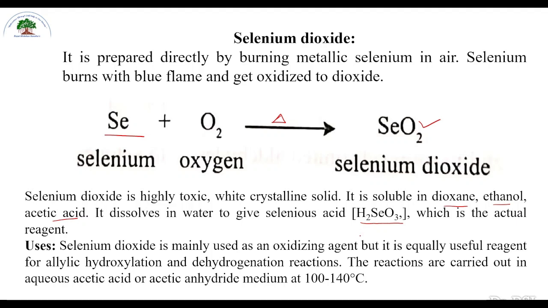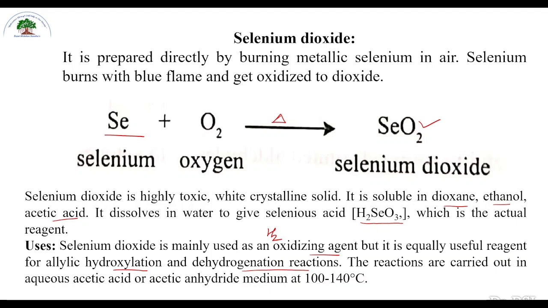Selenium dioxide is mainly used as an oxidizing agent, but it is equally useful reagent for allylic hydroxylation and dehydrogenation reactions. Dehydrogenation is the removal of H2 from the reactant.